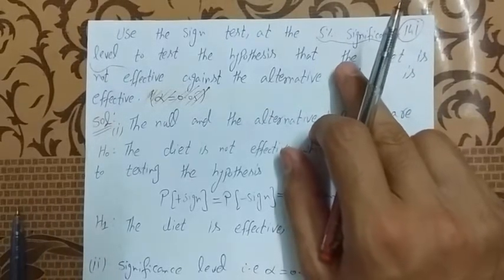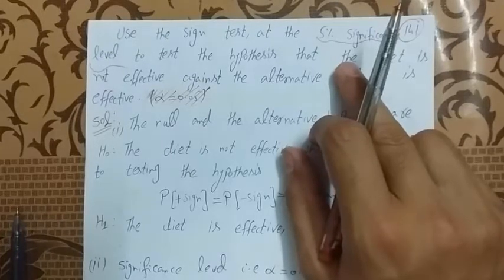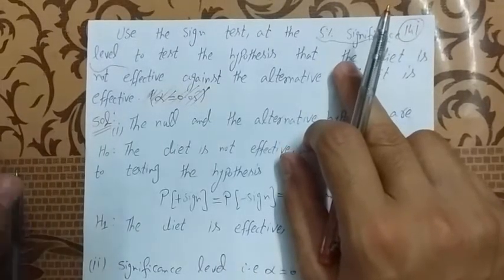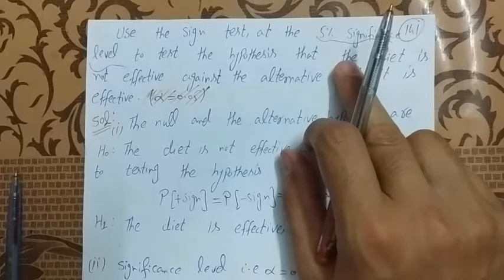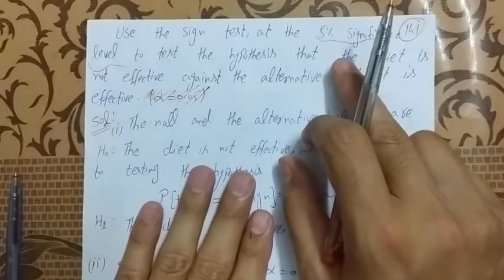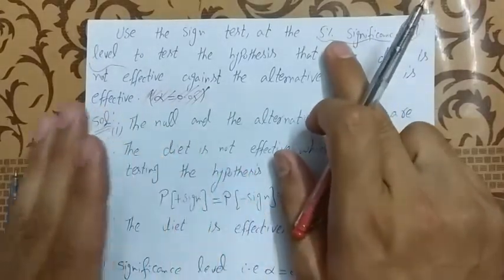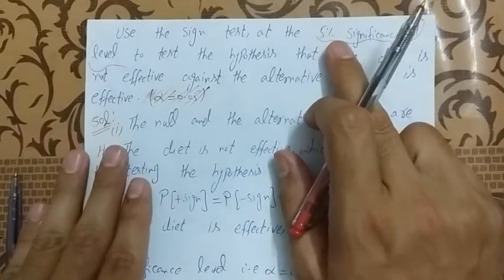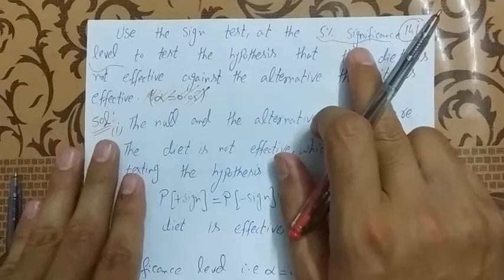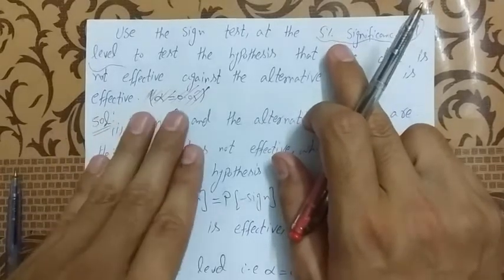If you go to the previous video, where we understood the difference between significance level and confidence interval, I think it is the 15 to 14 video on our channel, where I explain that we can also write the significance level in percentage form or in this form.